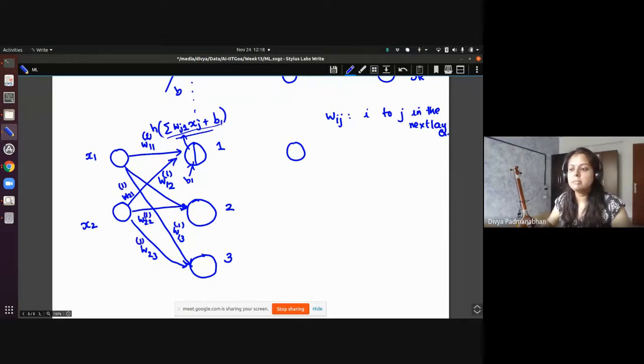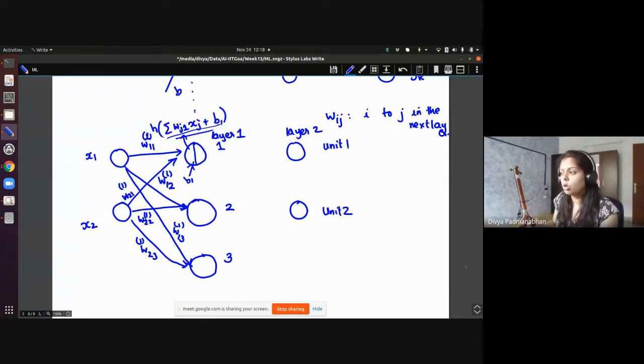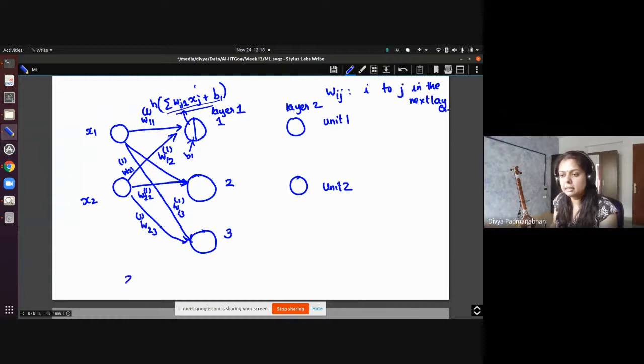Now similarly, you can have a layer 2. So this is the second layer, and this is the first layer. There are three units in layer 1, and maybe in layer 2 you have just two units. So this is unit 1 and this is unit 2. What I will write is z.